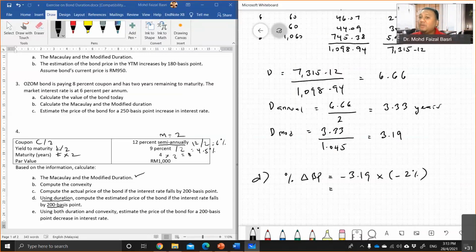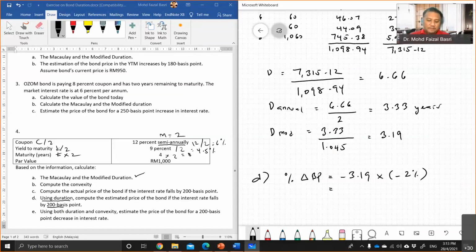This is based on annual already, because initially it was 6.66 but we converted it into annual. So this 200 basis points we use directly, because 3.19 is an annual amount already. So this 2% will remain the same.